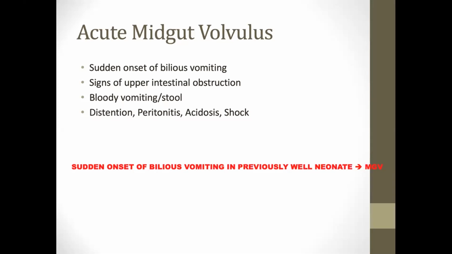After that, if late, bloody vomiting and bloody stool will develop. If we delay the diagnosis and management, the patient will progress to distension, bowel necrosis, peritonitis, acidosis, and shock. Any sudden onset of bilious vomiting in a previously well neonate, we should consider it midgut volvulus.